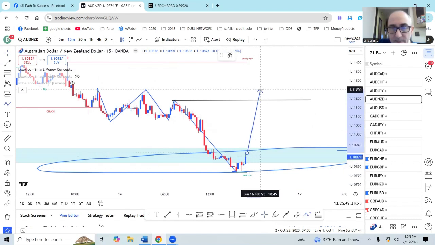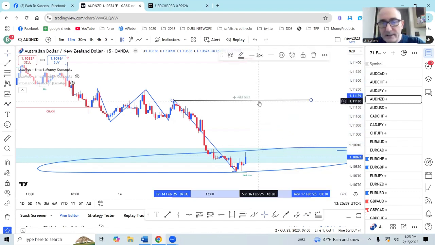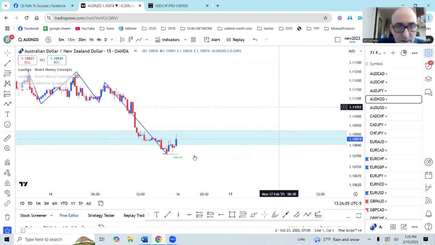We need price to come up to here and then give us a valid supply zone to trade, demand zone to trade from before moving higher, right? This is AUD NZD. Now, the other thing that can happen is price can make a new low.